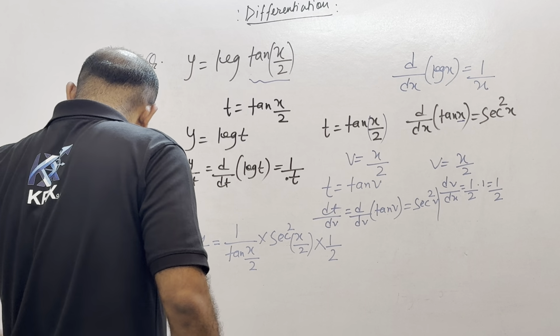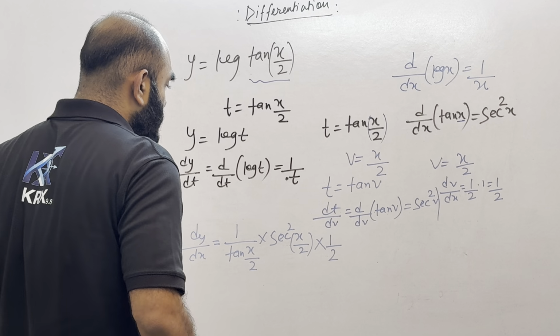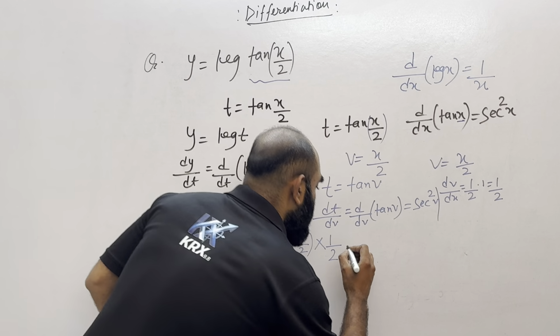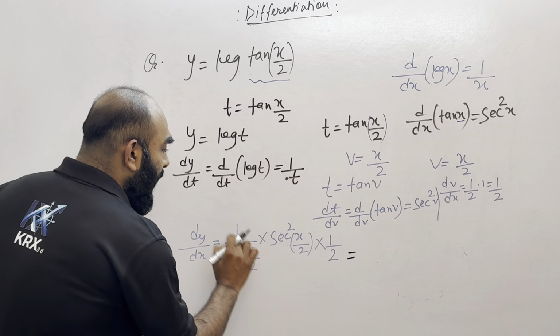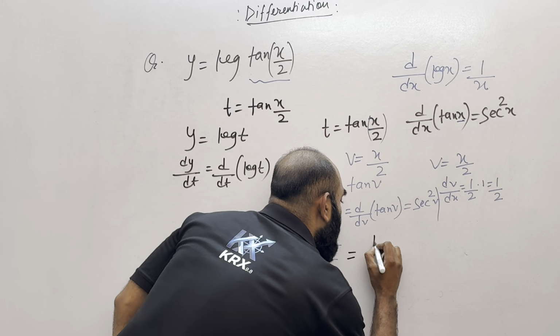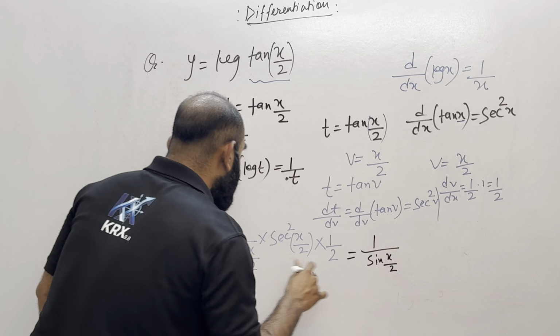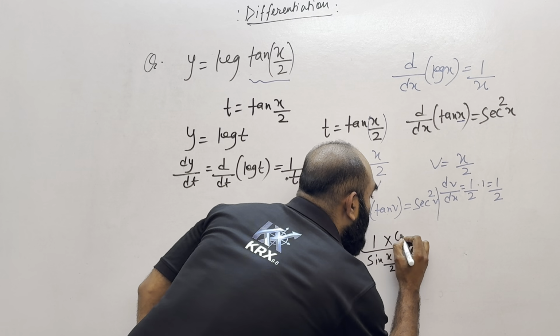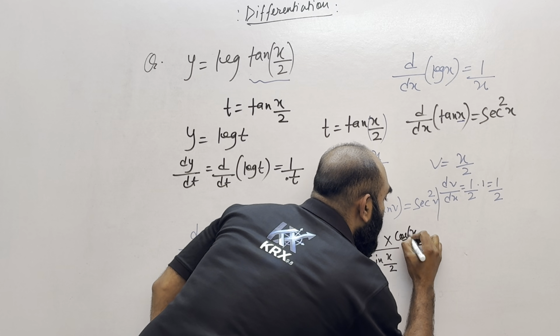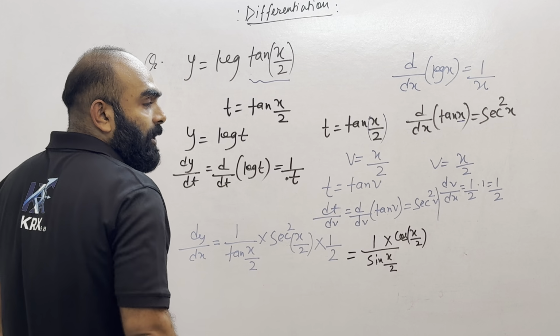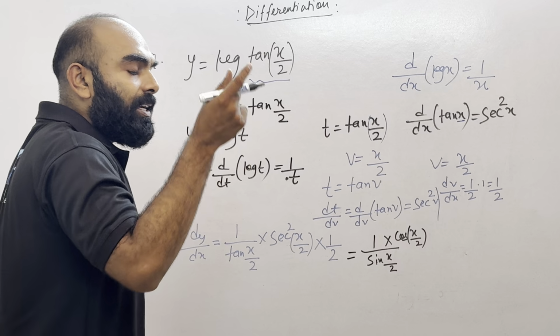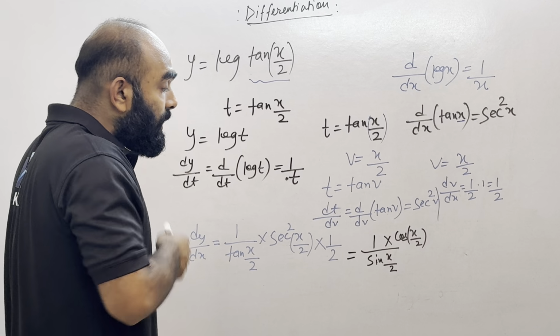If you open this one, now see here, everyone, tan x by 2, can I write like this one? 1 by sine of x by 2 divided by cos of x by 2. So this cos of x by 2 will go above. Sec square x by 2, we know that 1 by cos square x is nothing but sec square x.